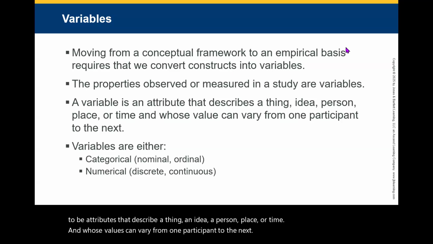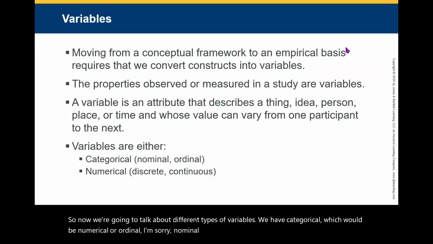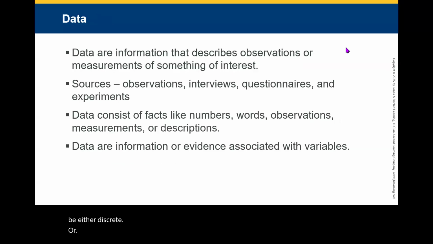So now we're going to talk about different types of variables. We have categorical, which would be nominal or ordinal. And then we have numerical, which can be either discrete or continuous.